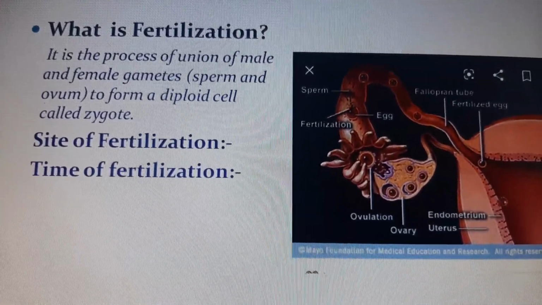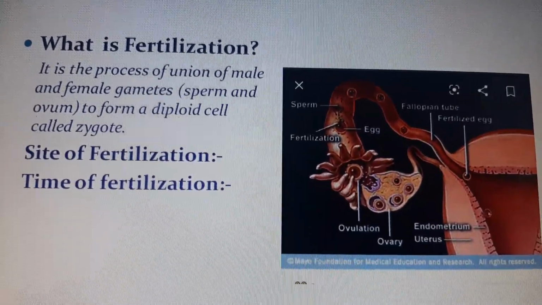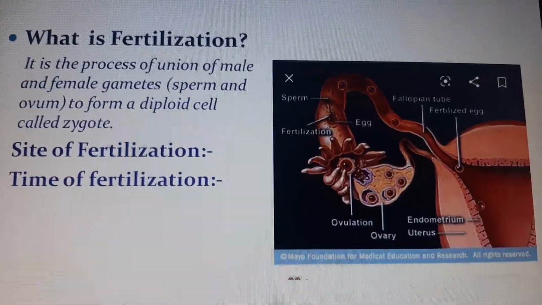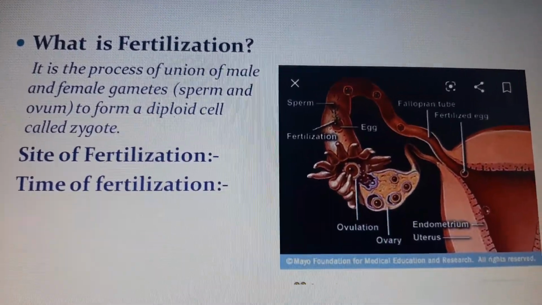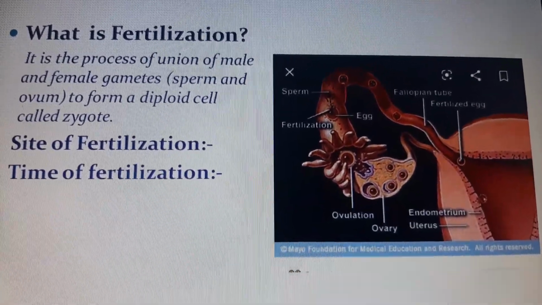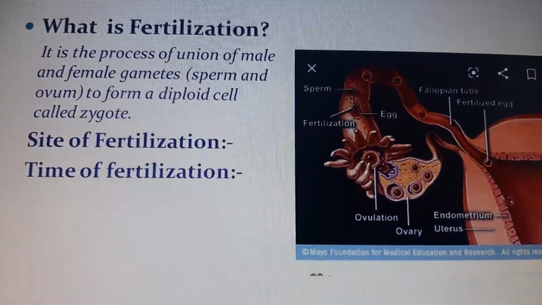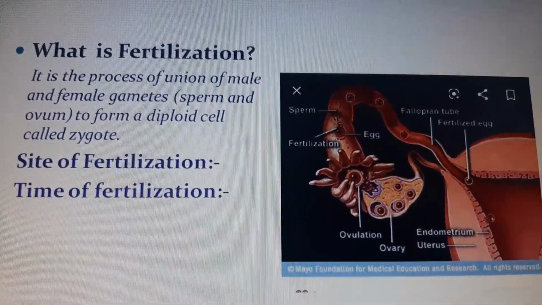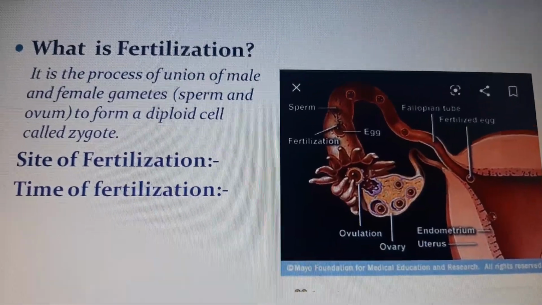That is, it has not undergone metaphase to anaphase 2. It has done up to meiosis 2 and stopped, and after being fertilized by the sperm, it will continue its further division. So it is waiting for the male sperm to come and fuse with it, so that it can undergo further division.